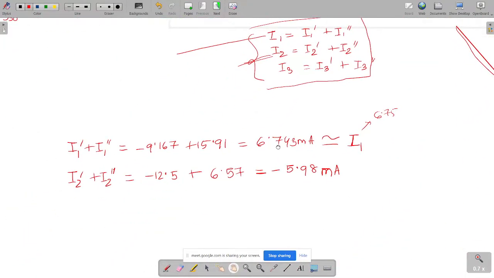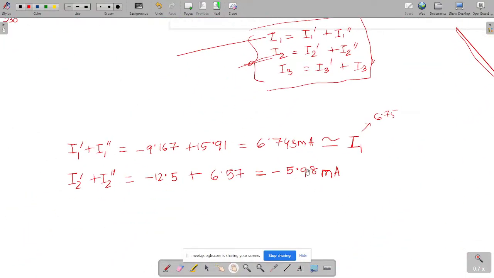And similarly, we have found a very close value here. Ma'am, in my calculator it is showing minus 5.93. Okay, even if that's the case, it is very close to I2 as well.